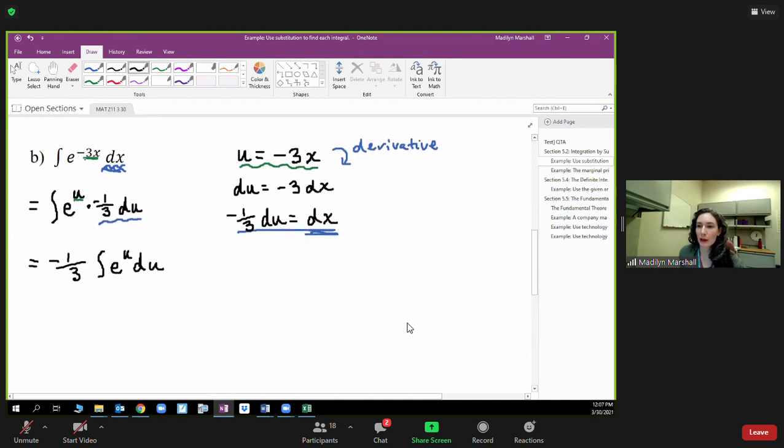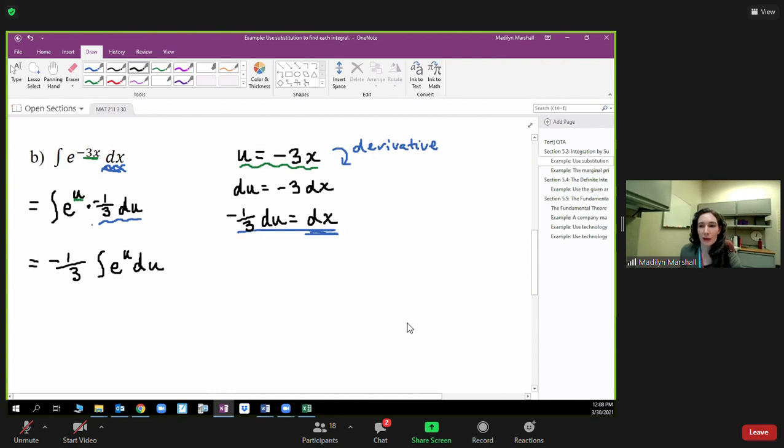So our u was the interior, the whole exponent, -3x. We found du by taking the derivative, but then we just needed to make a little adjustment to that du equation to make sure that we had only what was in the original integral, which is just dx in this case. And then we were able to make the substitution.